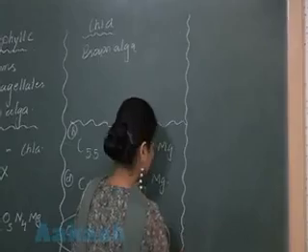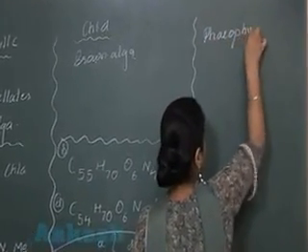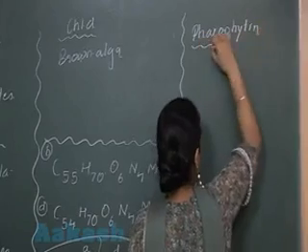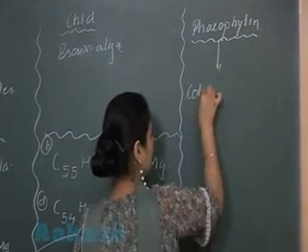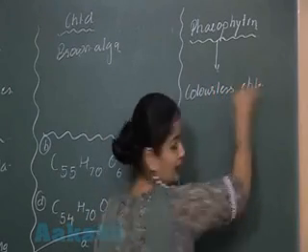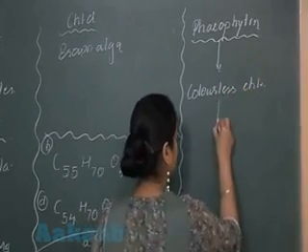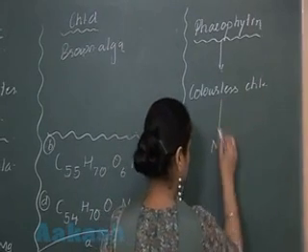Now pheophytin is derived from chlorophyll. Yes, the substance is derived from chlorophyll. It is known as colorless chlorophyll. Now how is it different from the structure of chlorophyll?